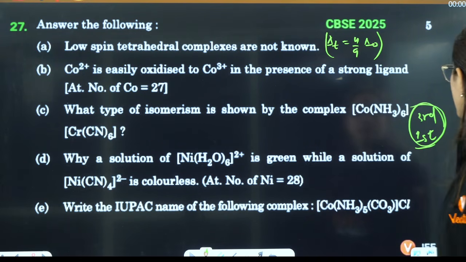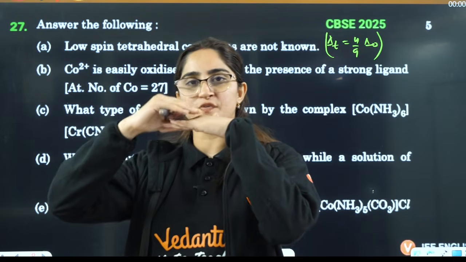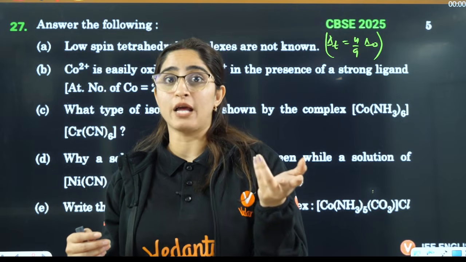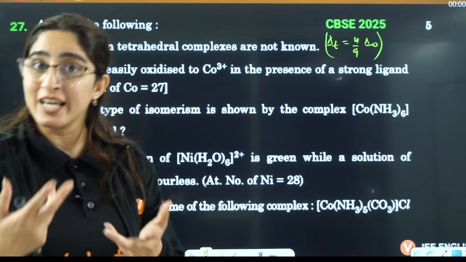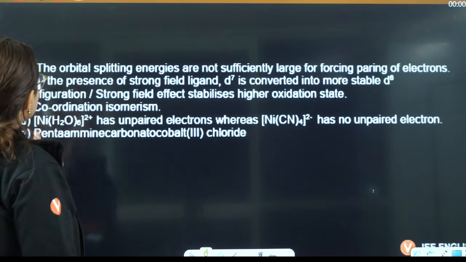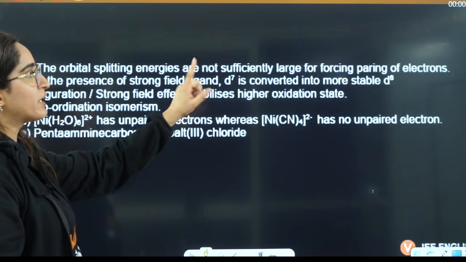You need a lift. So if the gap is very small, you can easily jump to the next floor, so there is no pairing. No pairing means high spin complexes. So the answer, you can see over here: orbital splitting energy is not sufficiently large.